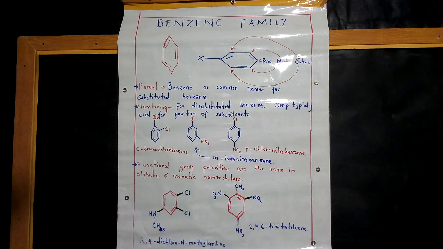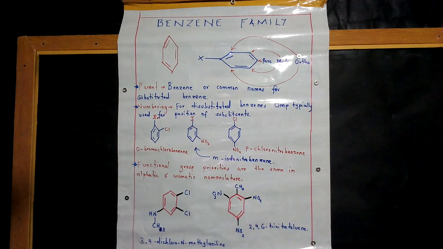So for the benzene ring, of course, the parent name is benzene, or there are common names for substituted benzenes. Of course, we have examples like toluene, aniline, and other examples which we are going to look at, which are substituted benzenes. Substituted means that in case there's maybe a chloro group or a methyl group at this point, then we shall have a specific name for this particular kind of compound.